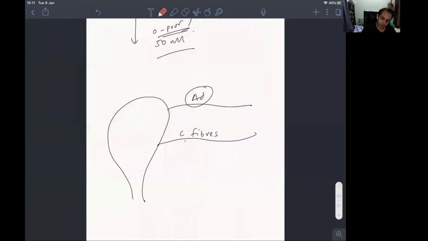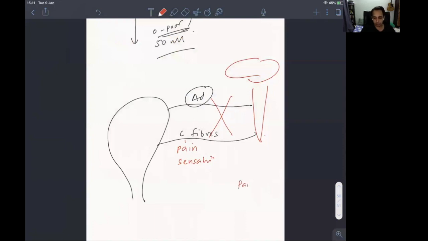So your C fibers carry pain sensation to the spinal cord. And supposing your sensory supply is gone, then you don't feel any pain. So it is painless distension.